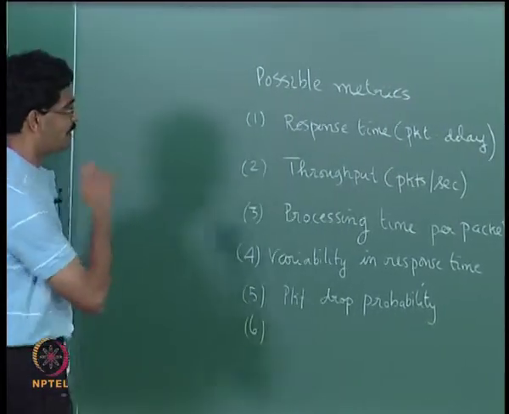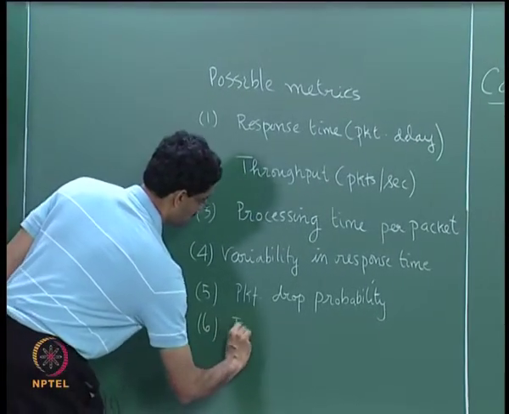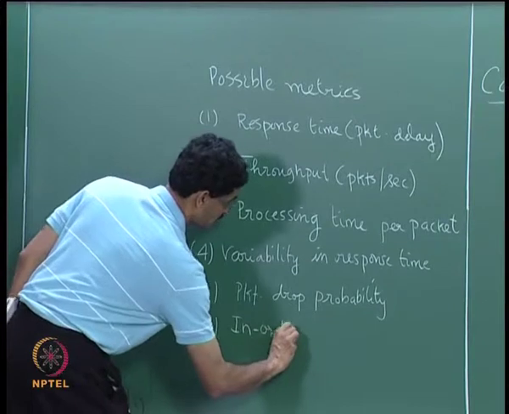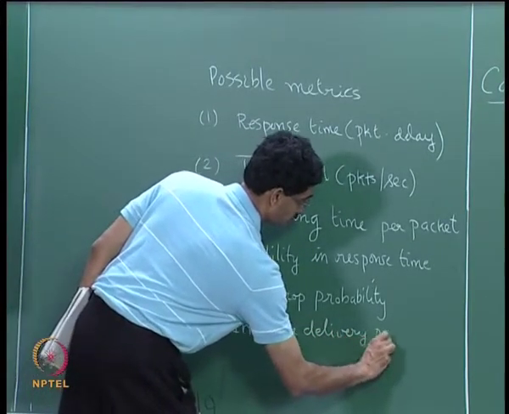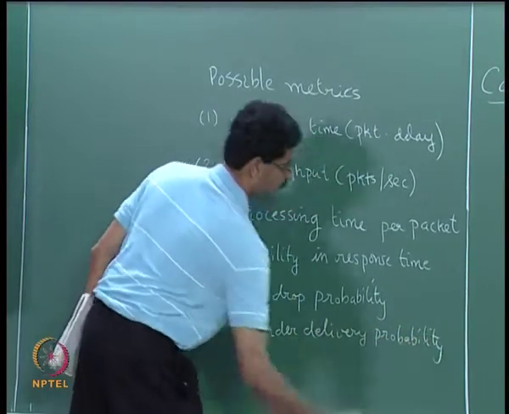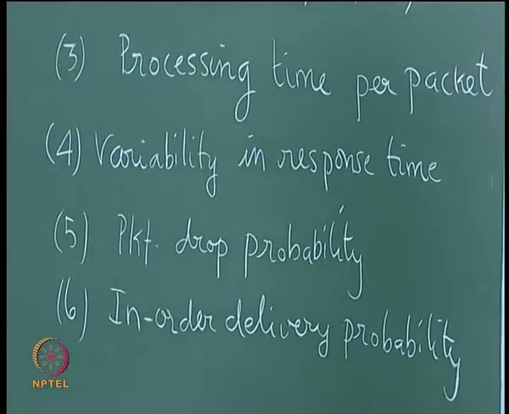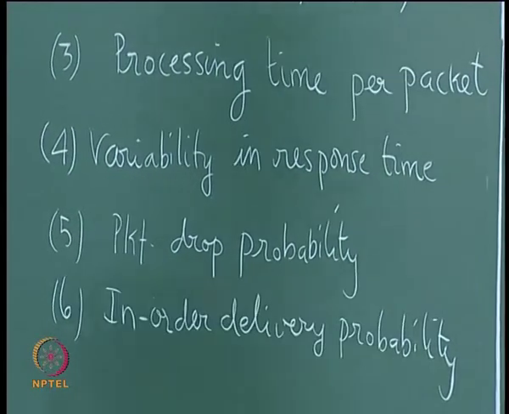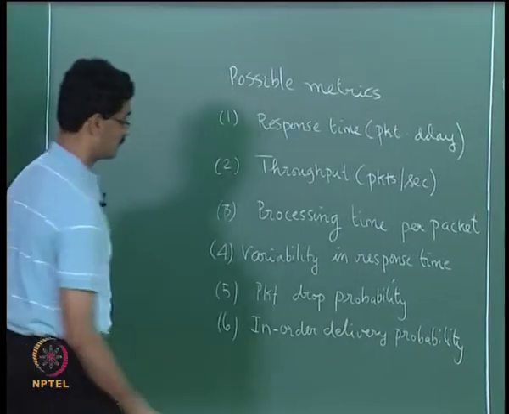So these are higher level. Then we look at in-order delivery probability. I can simply count all the packets sent and see whether they were all delivered in the same order. If so, I record that as in-order probability. Otherwise, I record that as out-of-order delivery probability.